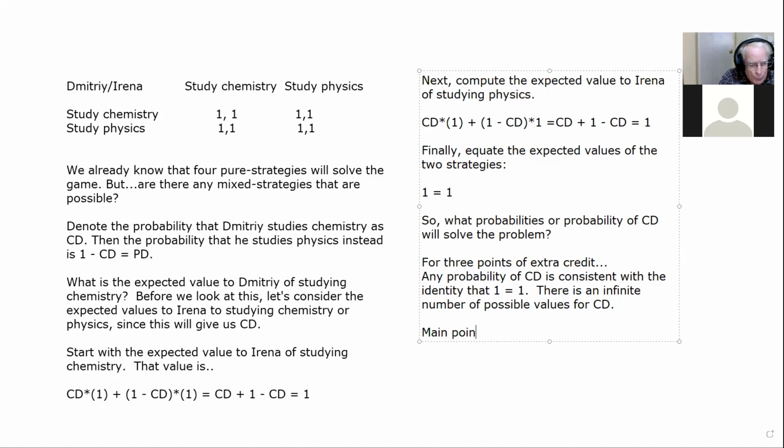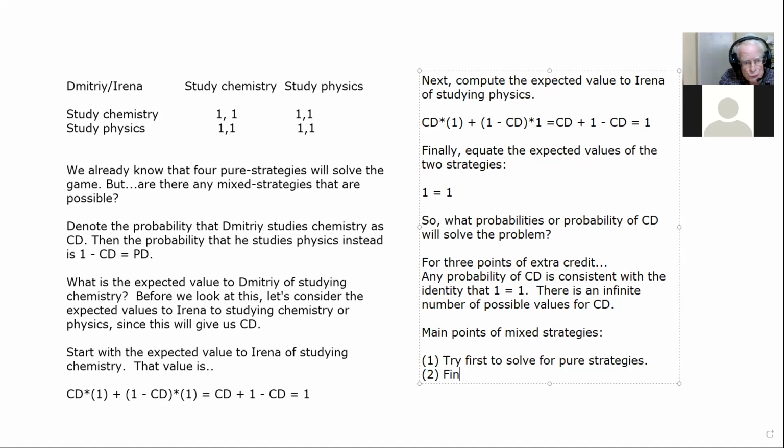So the main point that I hope you take away from this discussion of mixed strategies is, first, to solve for pure strategies, and then to find a mixed strategy solution, by thinking about the expected values of actions for each player.